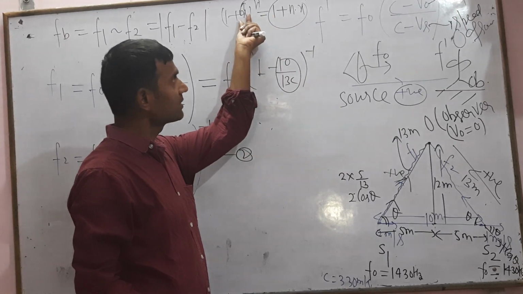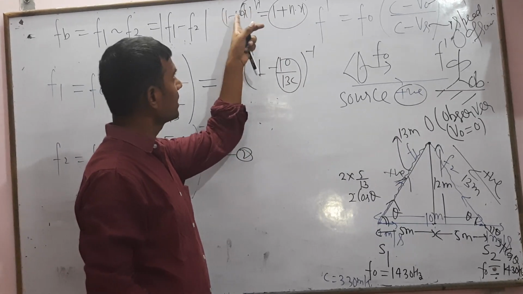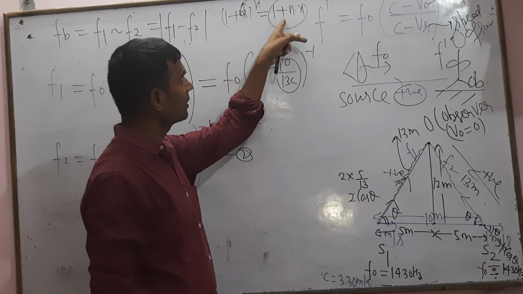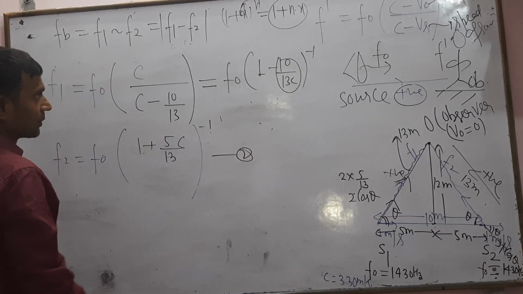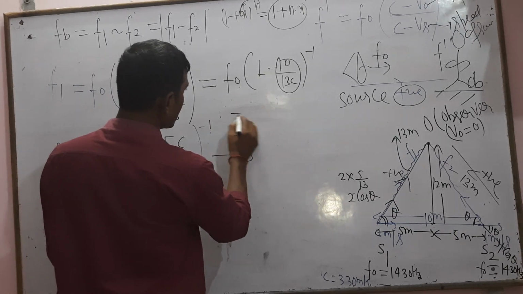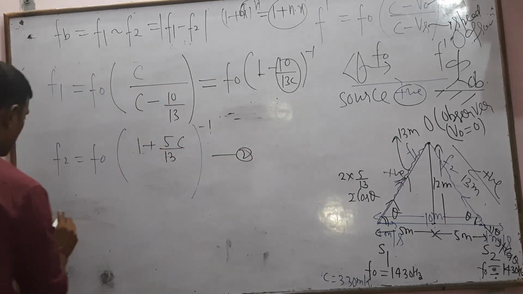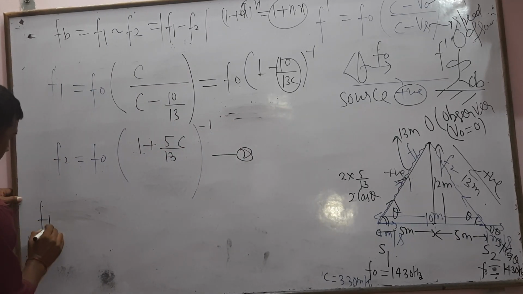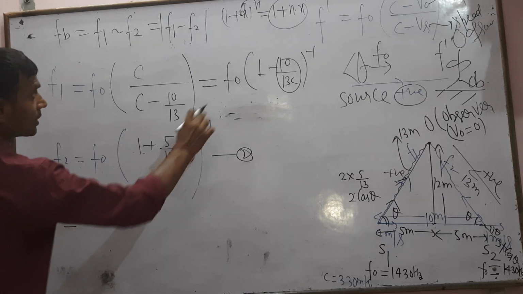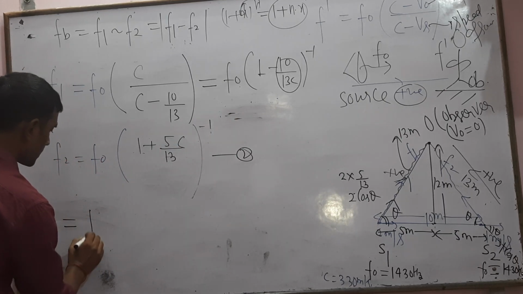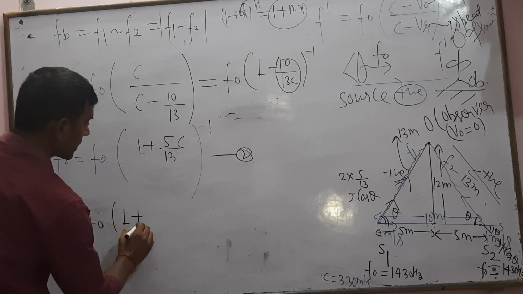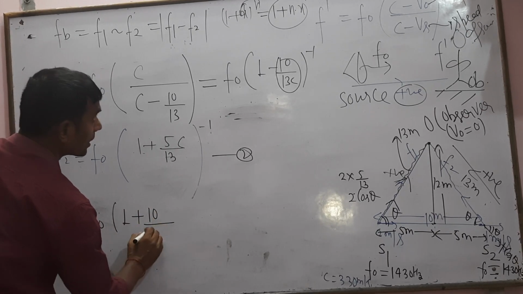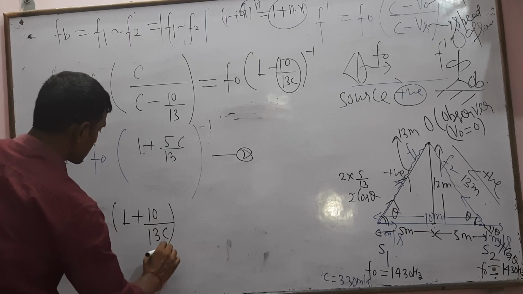So the beat frequency fb equals, let's suppose this is f0, f0 into 1 plus 10 divided by 13 into C.